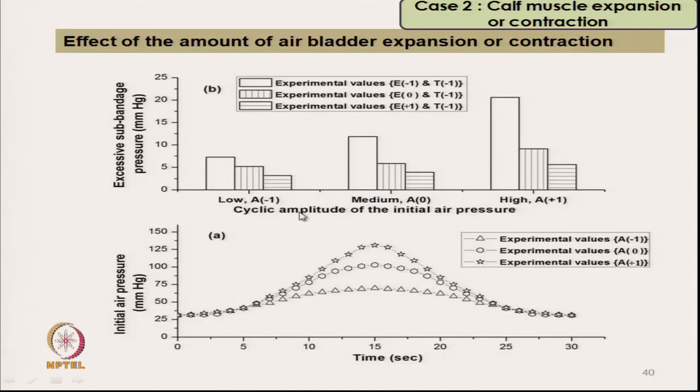This picture shows the cyclic amplitude of initial air pressure and the excessive sub bandage pressure, that is the pressure drop. At low level of expansion contraction, the pressure drop is low, whereas at higher level of expansion contraction the pressure drop is very high.